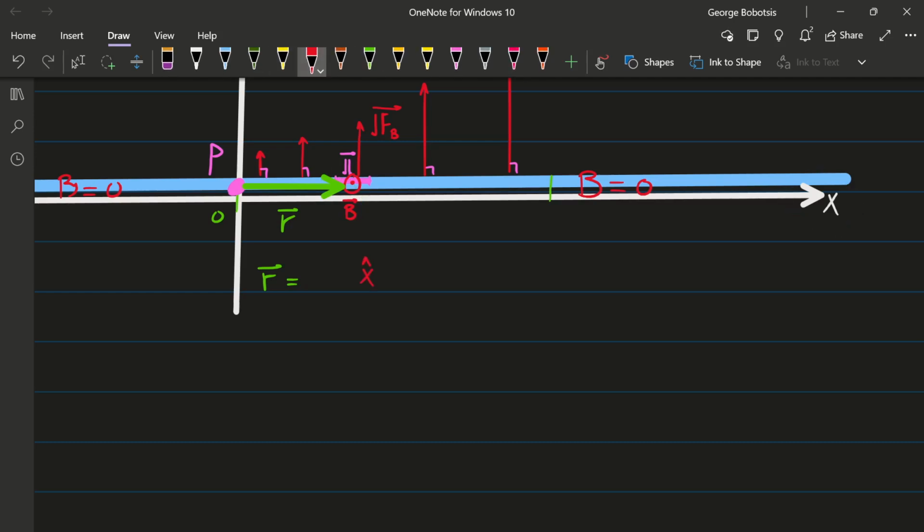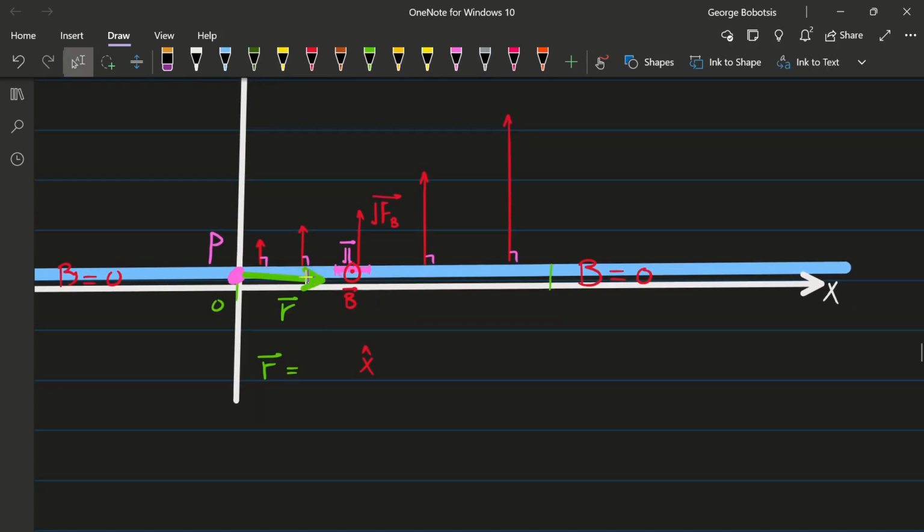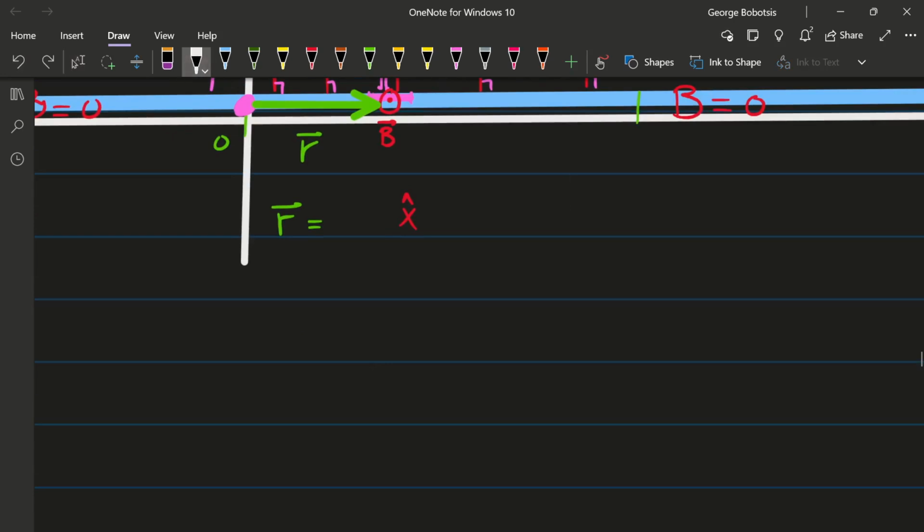And as you can imagine, since it measures distance with respect to the y-axis, a good variable for its size would be x. X would keep track of where you are right here. Just keep x to describe its size.